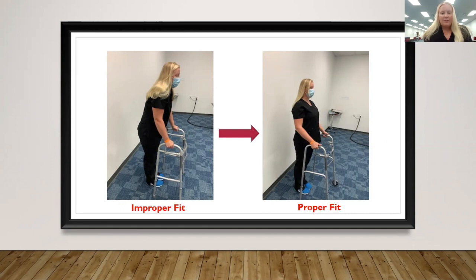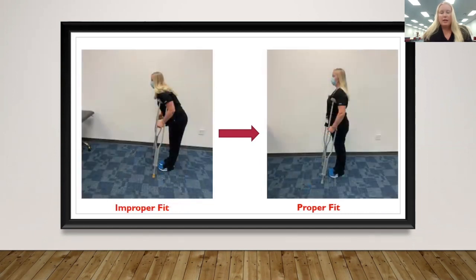The image on the left is going to be an improper fit. When you're looking at the image on the right of a proper fit for axillary crutches, you can see that they're placed at about a 45-degree angle, that I have upright proper posture, and that the hand grip is going to align with my greater trochanter. If my arm was at my side resting, it would also be aligned with my ulnar styloid process.